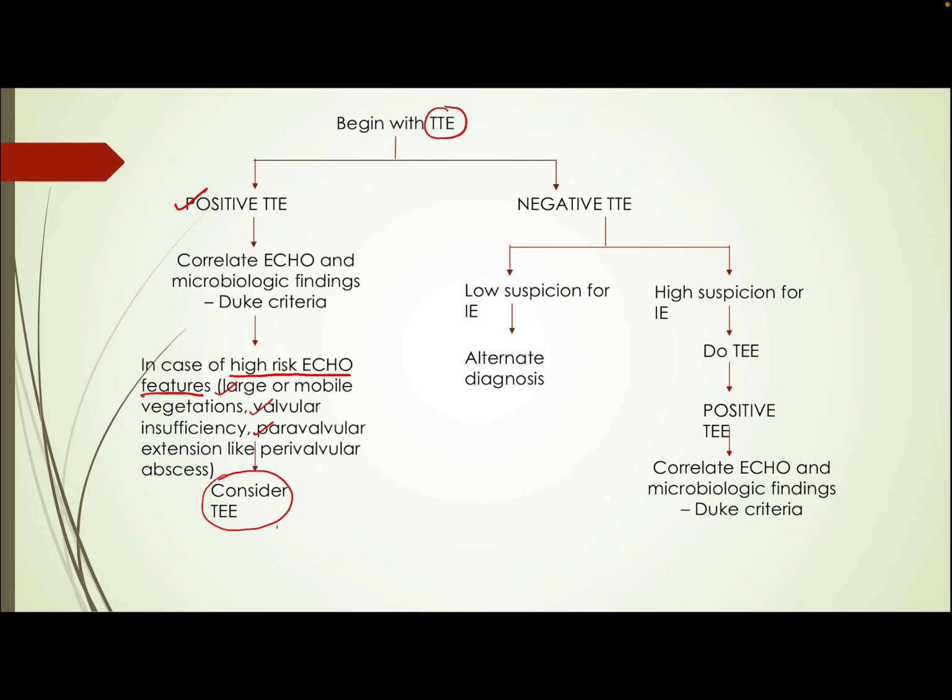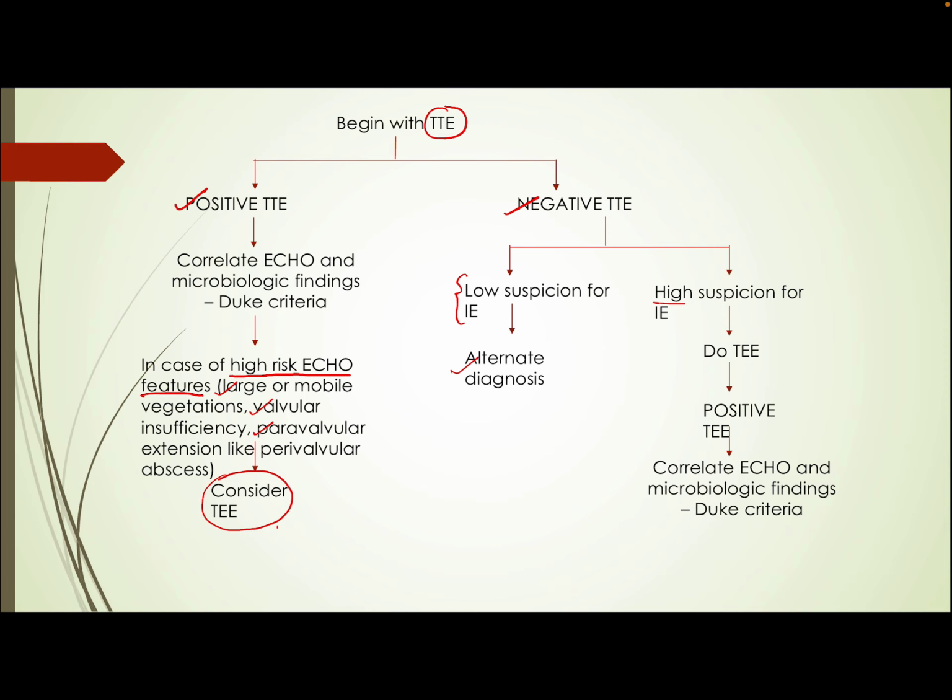Now suppose a TTE was negative and we have a pretty low suspicion for infective endocarditis, then we can just go for an alternate diagnosis. But if our suspicion is high, now what do I mean by that? I have a high suspicion for infective endocarditis if it's a Staph aureus infection, if the patient has a new murmur that was not present before, if the patient has a history of infective endocarditis previously, if the patient has congenital heart disease, or presence of any prosthetic valve or any intracardiac device.